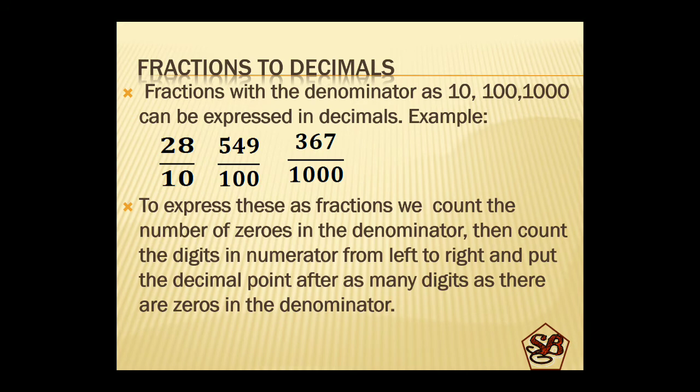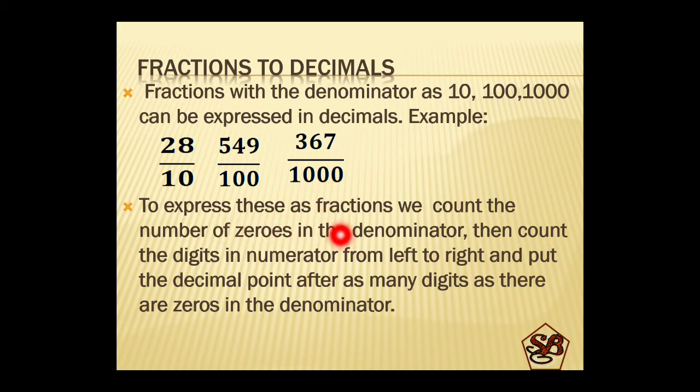Converting fractions to decimals. Fractions with the denominator as 10, 100 and 1000 can be expressed in decimals. For example, 28 by 10, 549 by 100, 367 by 1000.